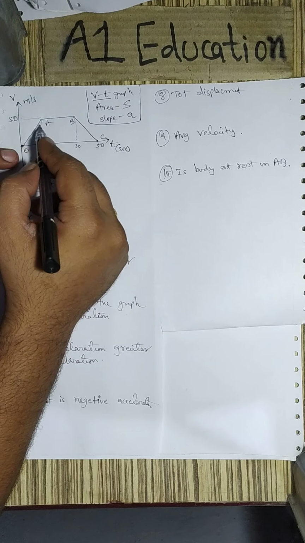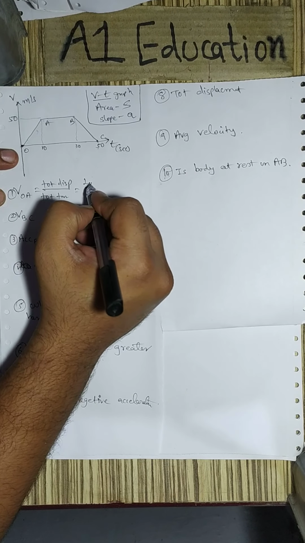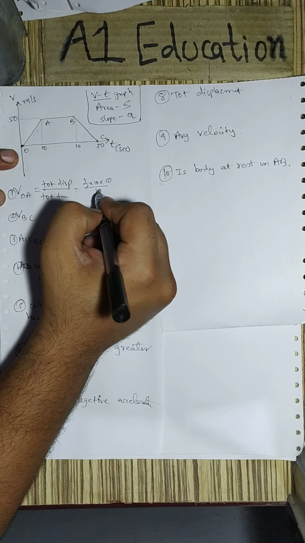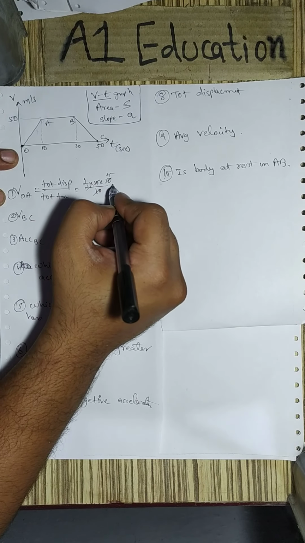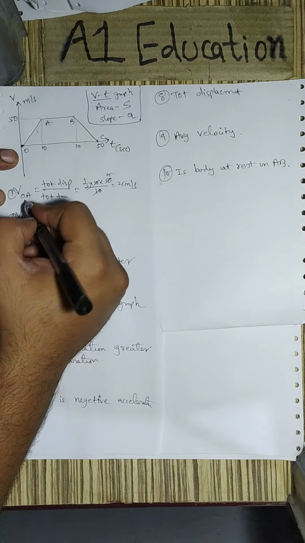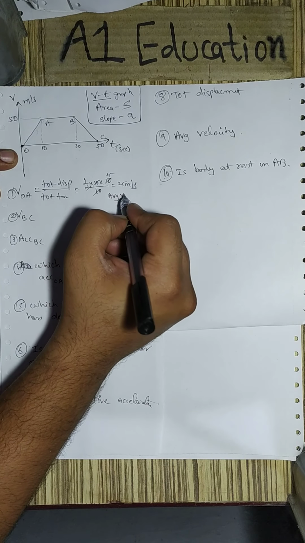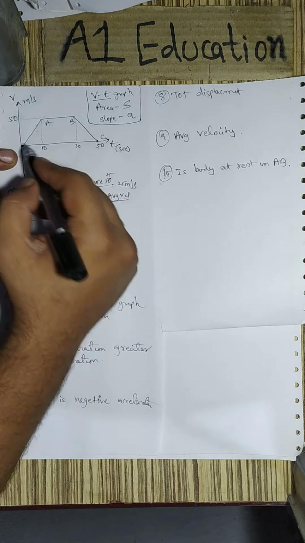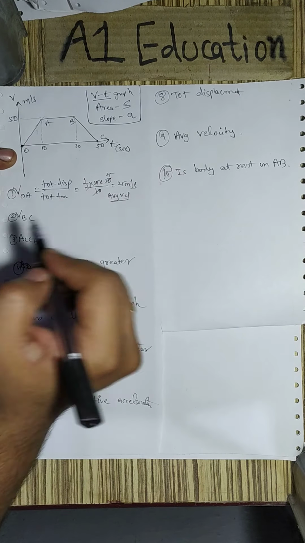So area we will calculate. To calculate the displacement, that will be half, base is 10, height is 50, and upon total time is 10. So there we get 25. So velocity is 25 meters per second. This is actually the average velocity, because velocity is increasing, right? It is not constant. This is some average velocity between this interval.